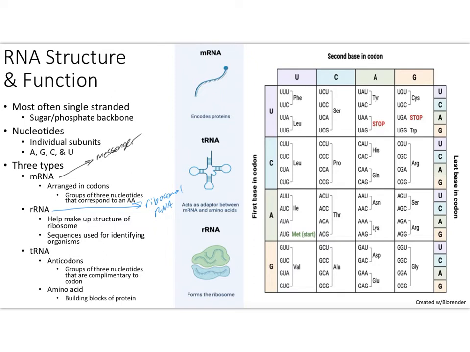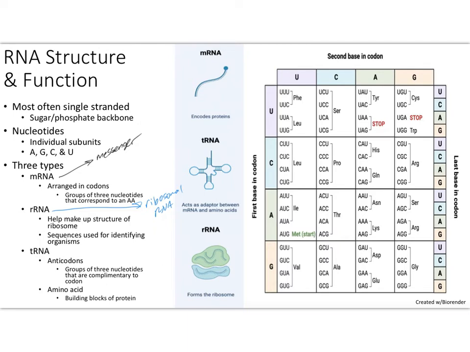So ribosomal RNA is very unique in that it is highly specific when you're trying to use it to identify individual types of organisms. We can take the sequence in ribosomal RNA and figure out exactly what type of organism, exactly what species, etc. that we are looking at without having to look at other types of DNA or RNA or other types of genetic sequences.